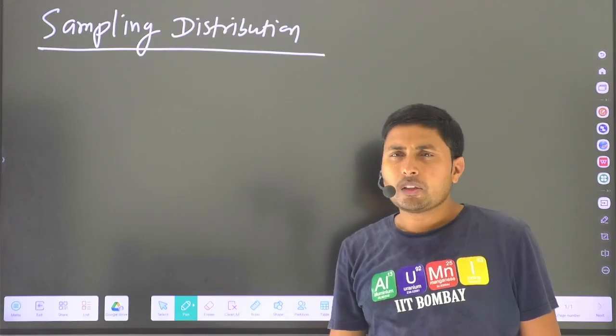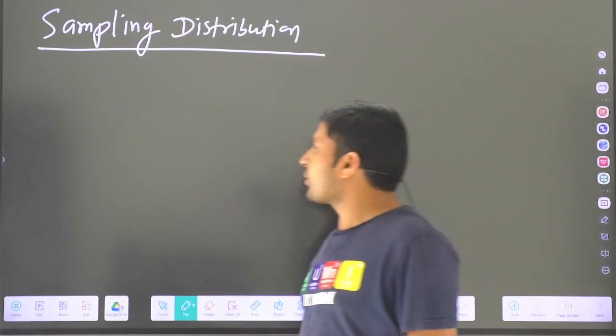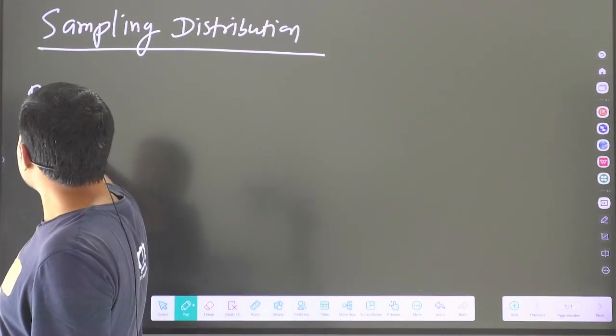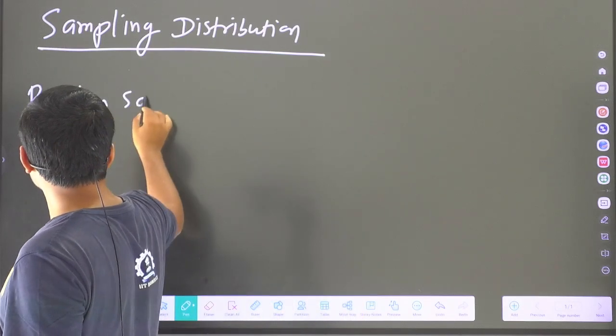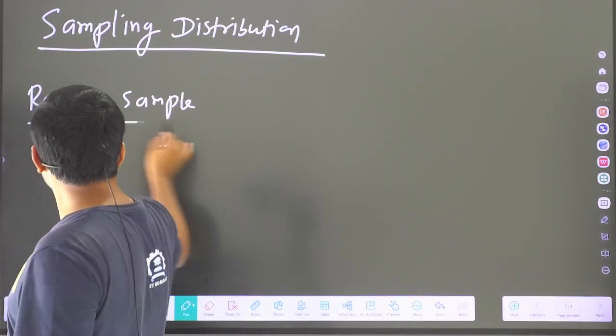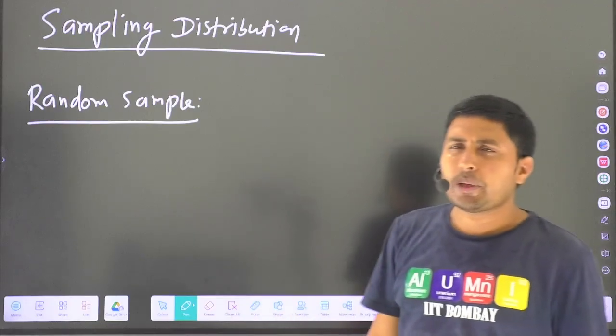In sampling distribution, we first have to define a random sample. So what is the definition of a random sample?